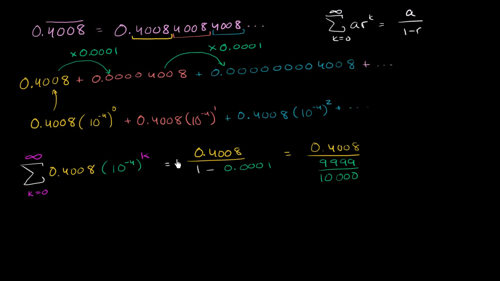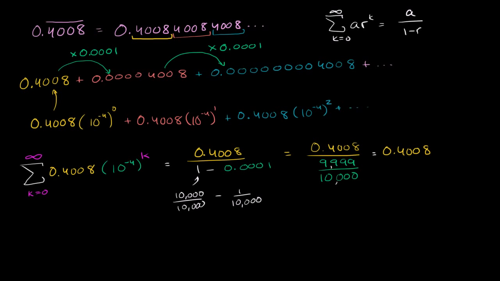Let me write this out just so this doesn't look confusing. 1 is the same thing as 10,000 over 10,000, and you're subtracting 1 over 10,000. And so you're going to get 9,999 over 10,000.